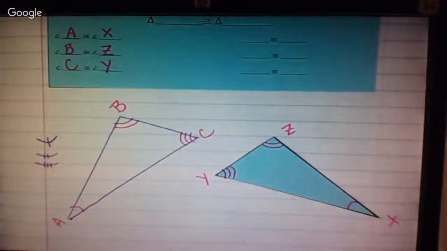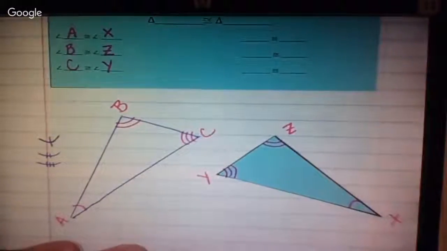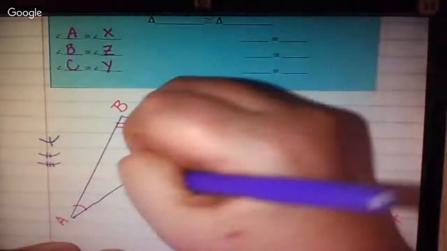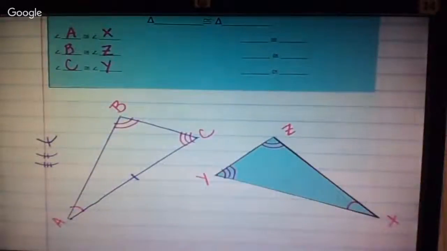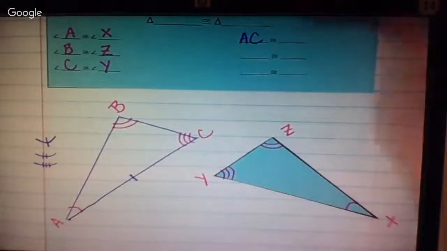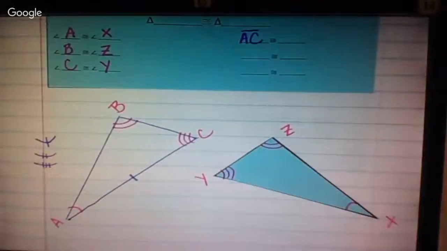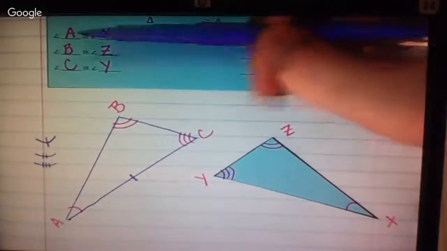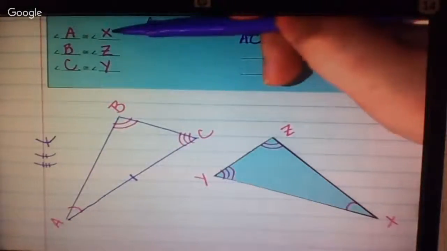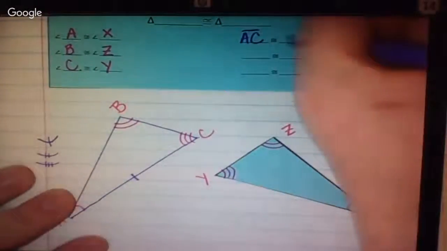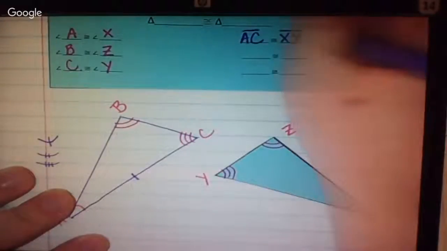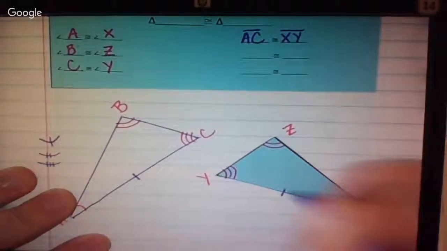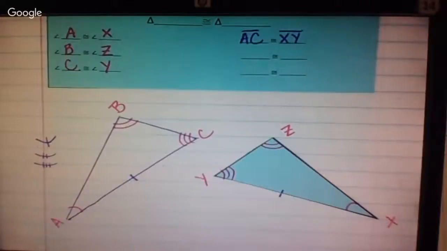Okay. So they can also mark the sides like this. So side A to C. Take a look at how you labeled your angles. Side A to C goes with X to Y. Okay, so they'll mark it with 1 line.